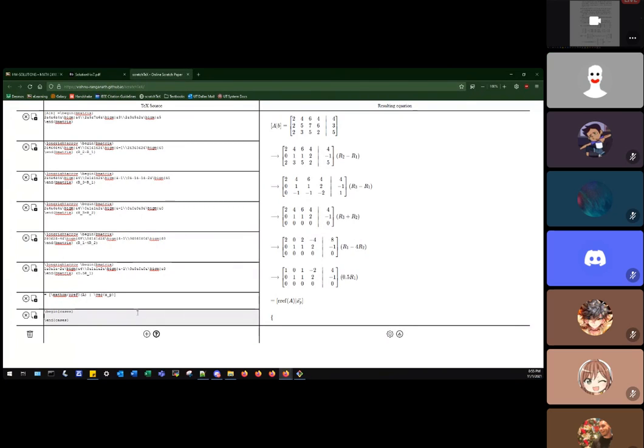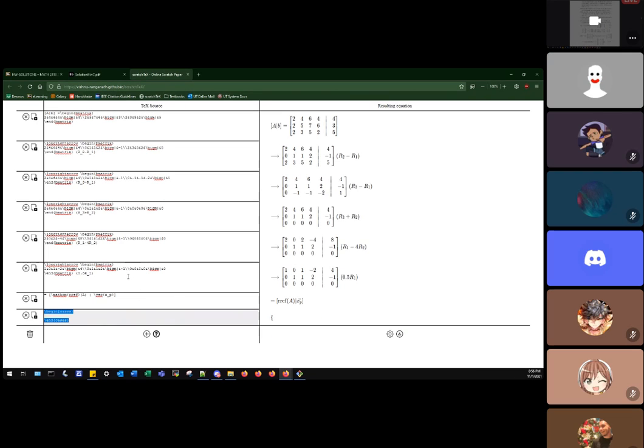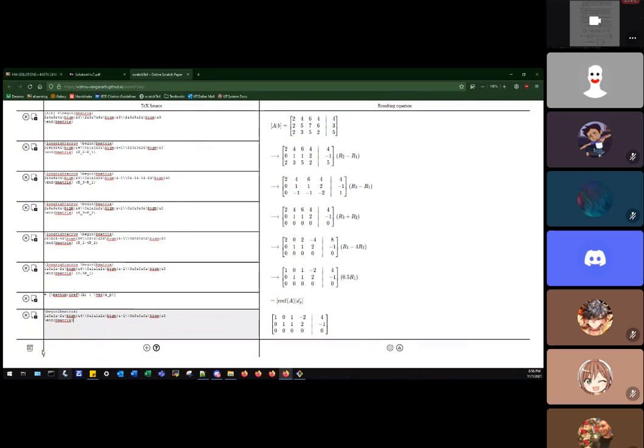Let's see. Actually, I guess we had to keep that in terms of b1, b2, and b3, and not the values for them.